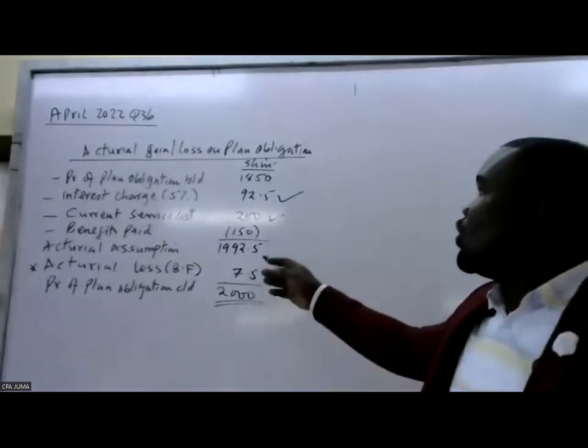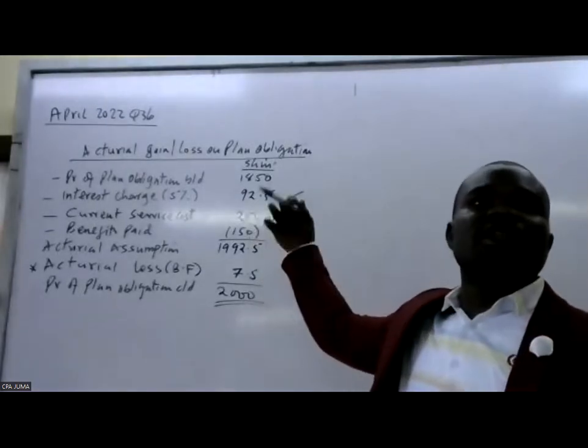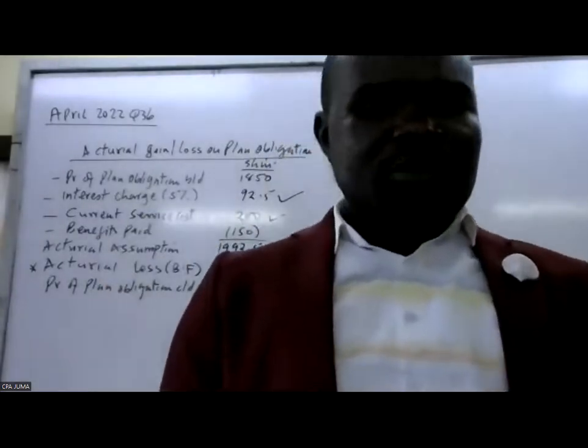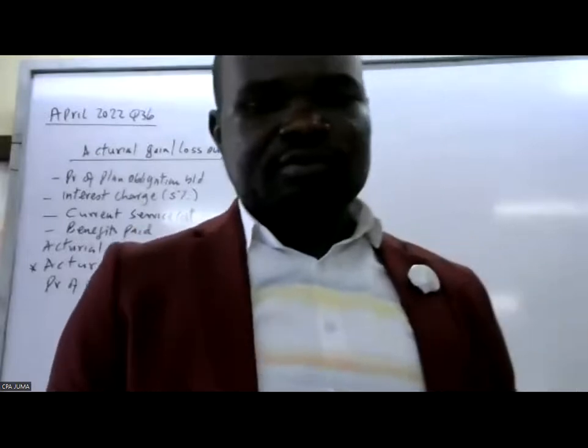What I want you to know is that they take into consideration the current service cost and the past service cost. Then down there, it should be charged to P&L.